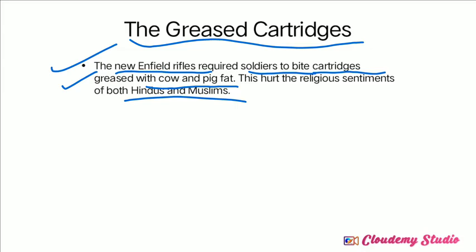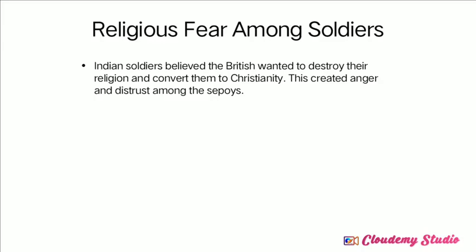Hindus consider the cow a sacred animal, and Muslims consider the pig unclean. So biting the fat of the pig or cow was totally forbidden in their religions. That's why they refused to open and use the Enfield rifles and raised their voice against the Britishers. This is a very important point.